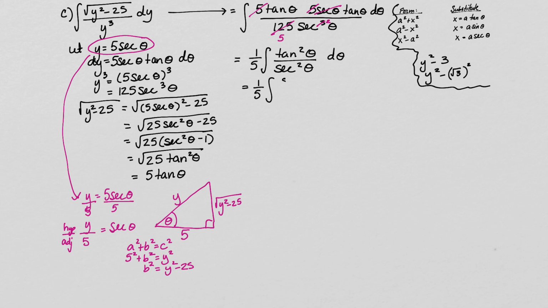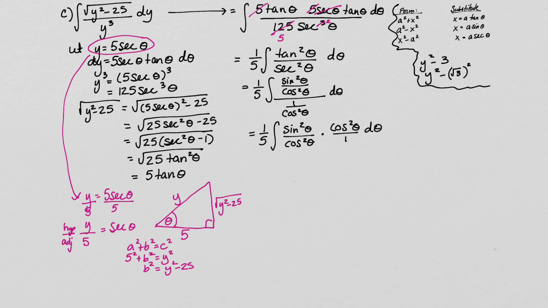So tangent squared is sine squared theta over cosine squared theta, all over secant squared, which is 1 over cosine squared theta, d theta. And again, I can rewrite that: keep, change, flip. So we've got sine squared theta over cosine squared theta times cosine squared theta over 1 d theta.